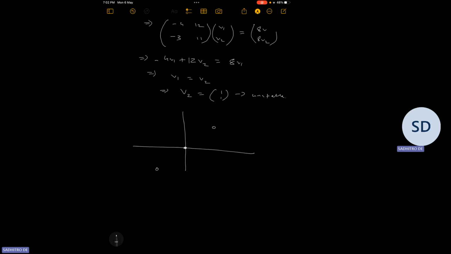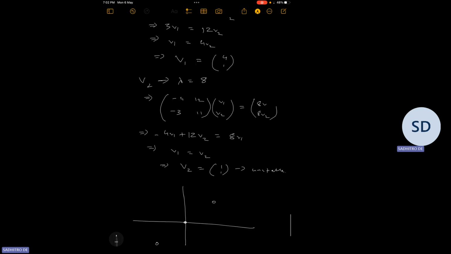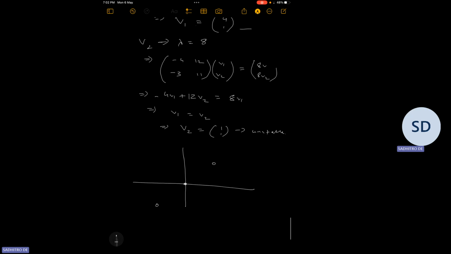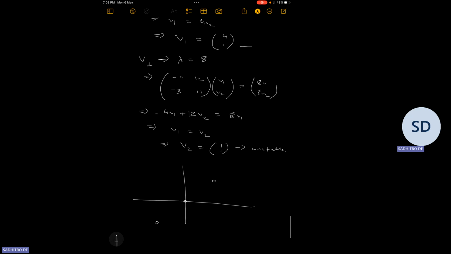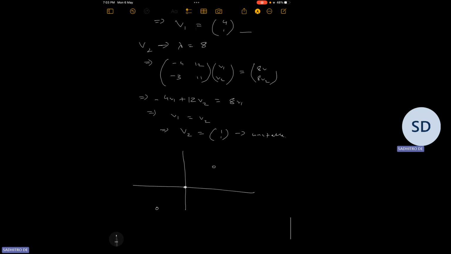Okay, and the stable eigendirection, which corresponds to this eigenvalue, is basically given by 4 comma 1. So this basically corresponds to something like this.